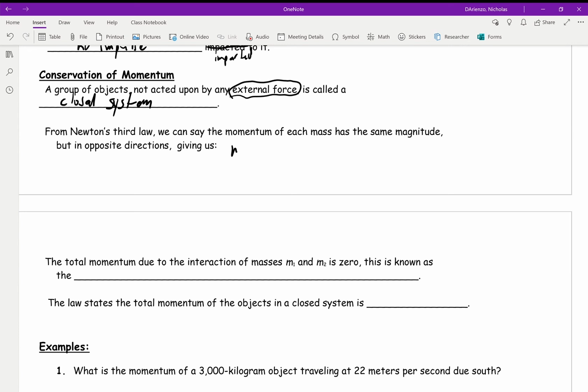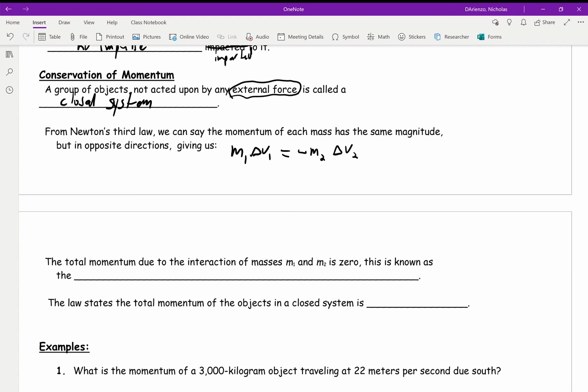we can see that the change in momentum of one object has to be equal in magnitude and opposite in direction to the other object. So momentum lost by one equals momentum gained by another. So we're going to conserve our momentum.